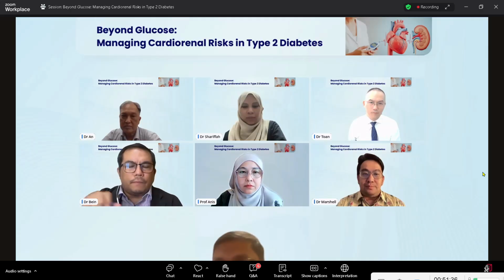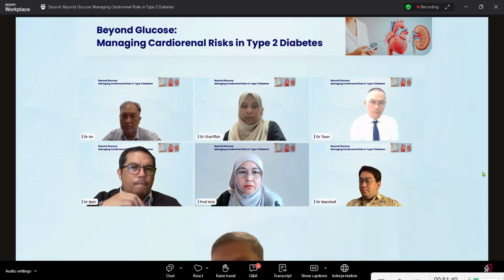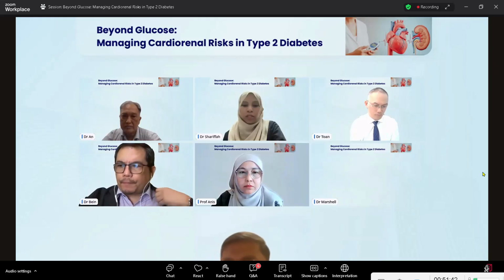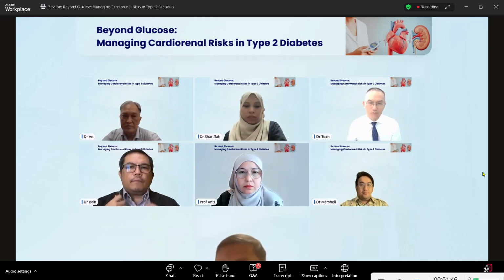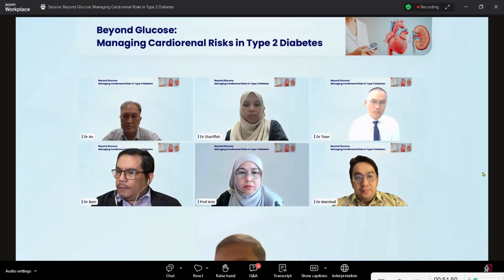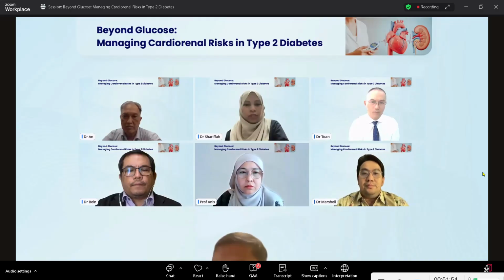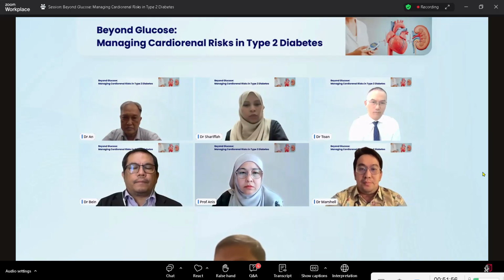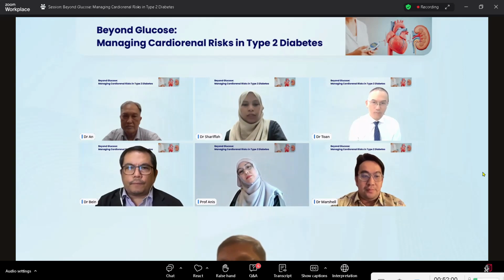In my personal primary care experience, I try not to stop statins as much as possible, especially for patients with type 2 diabetes, because of the relationship with cardiovascular risk outcomes and the long-term risk benefits. So really only when a patient is unable to tolerate or is allergic to statins, then we'll stop, and we'll try to switch to another agent that can help to achieve the LDL targets.